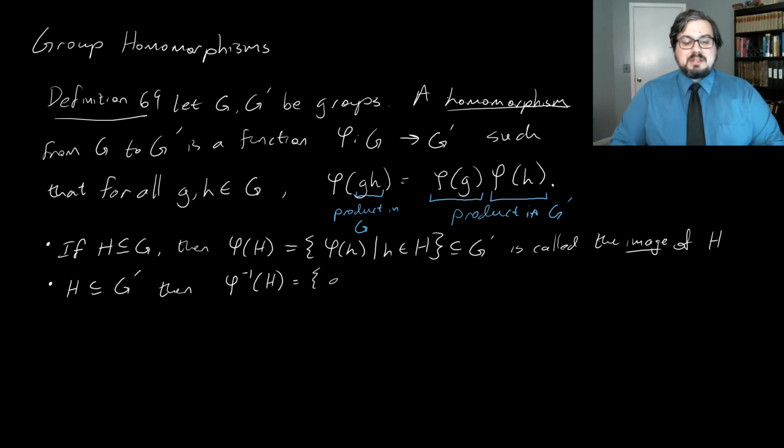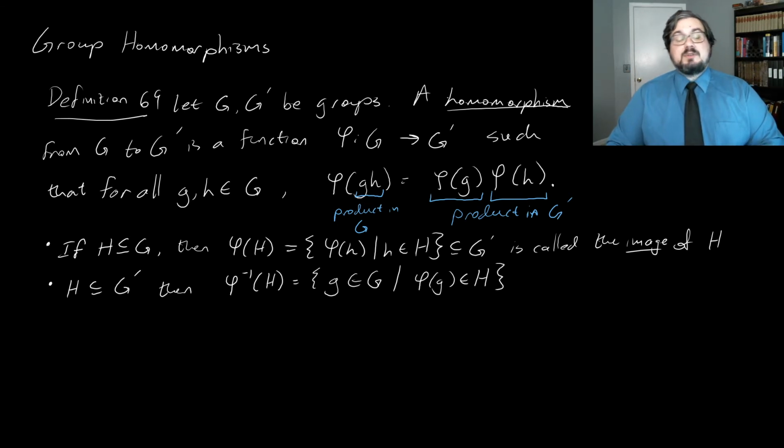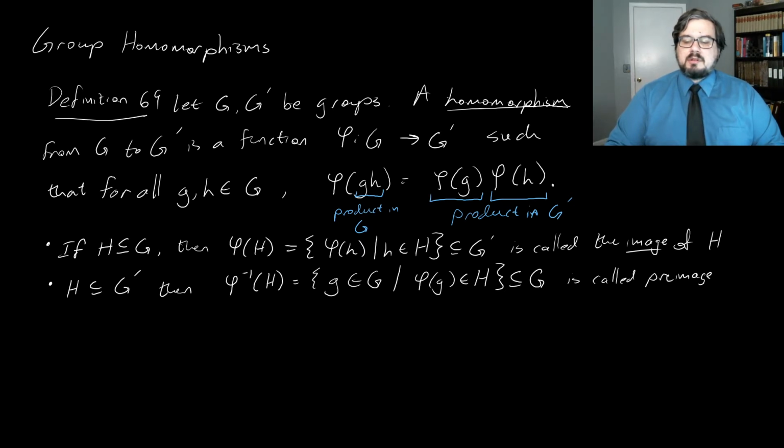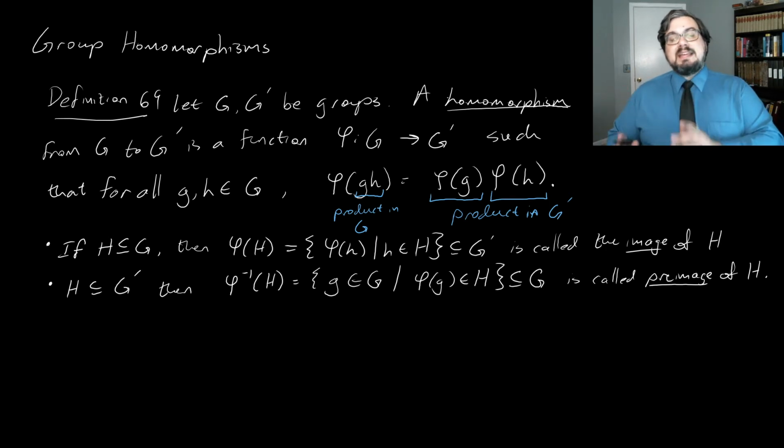Phi inverse of H is the set of all elements little g of G such that phi of g lies in H. So it's the set of all things in G that get mapped to the set H. And this is called the preimage of the set H. So we can look at the image of a subset of G, and we can look at the preimage of a subset of G prime.